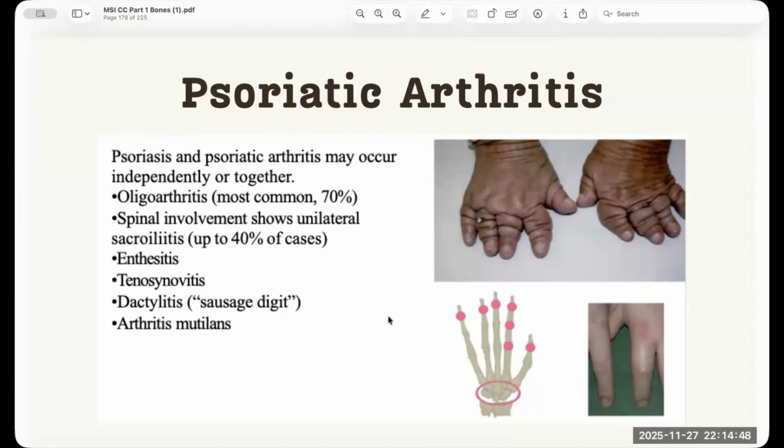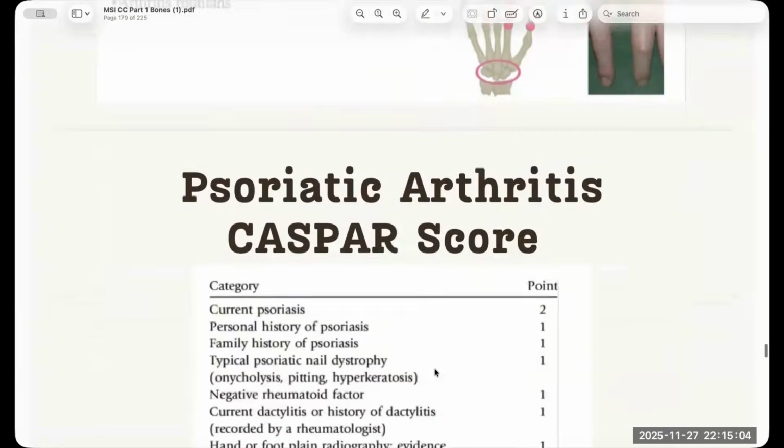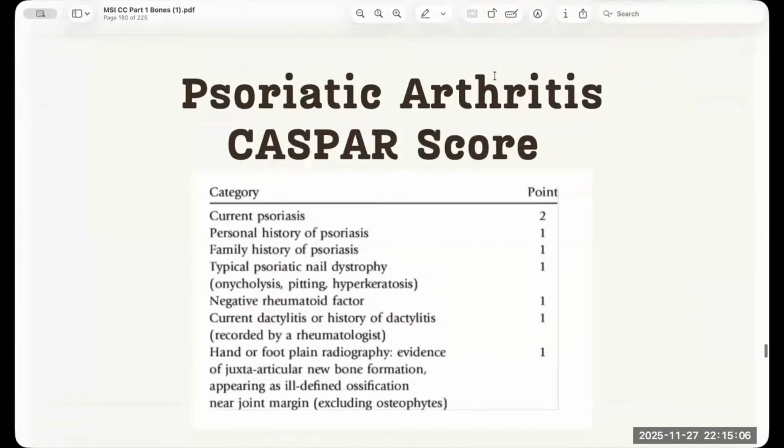There's tenosynovitis and nephritis. There's dactylitis. Dactylitis are sausage digits. You can see them here. And arthritis mutilans. Yeah, these are all shown in this. Okay. There's also a score for psoriatic arthritis, and it's called the CASPAR score. It is used to score the patients to know how to treat them.